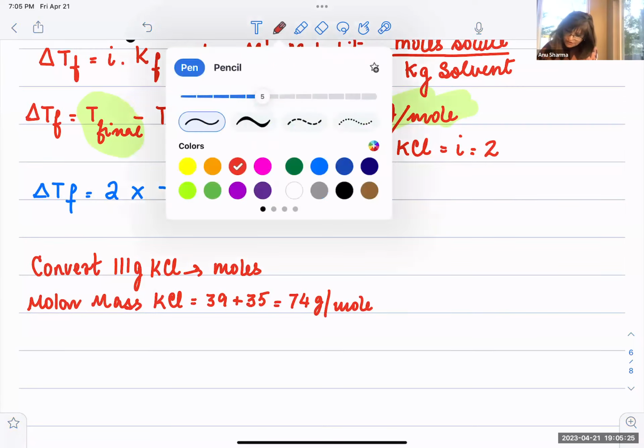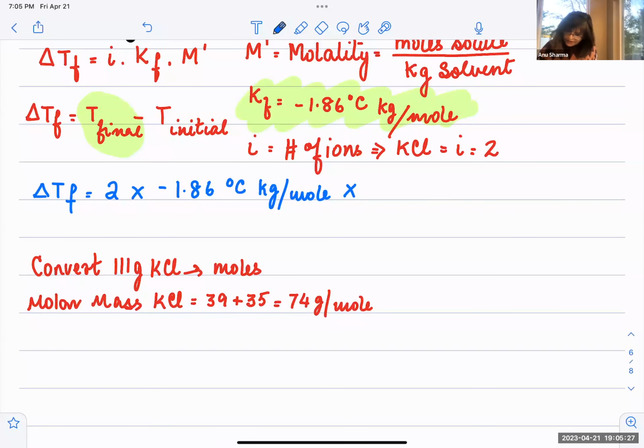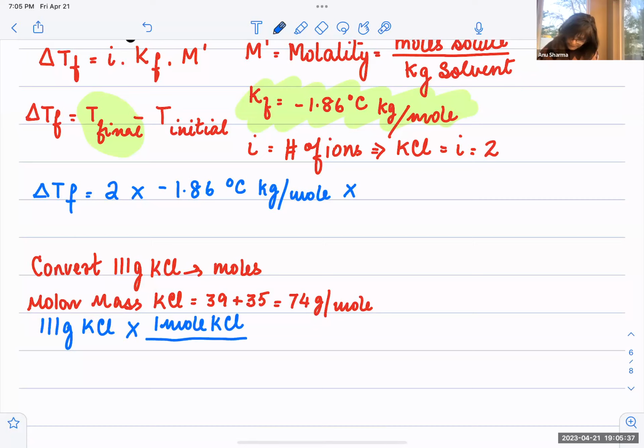In this case, you will be using the 111 grams of KCl times 1 mole of KCl over 74 grams of KCl. If you divide 111 by 74, that gives you 1.5 moles of KCl.